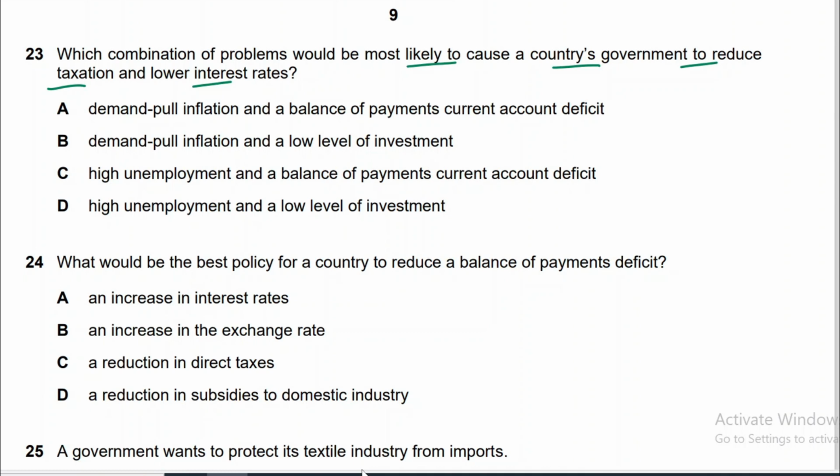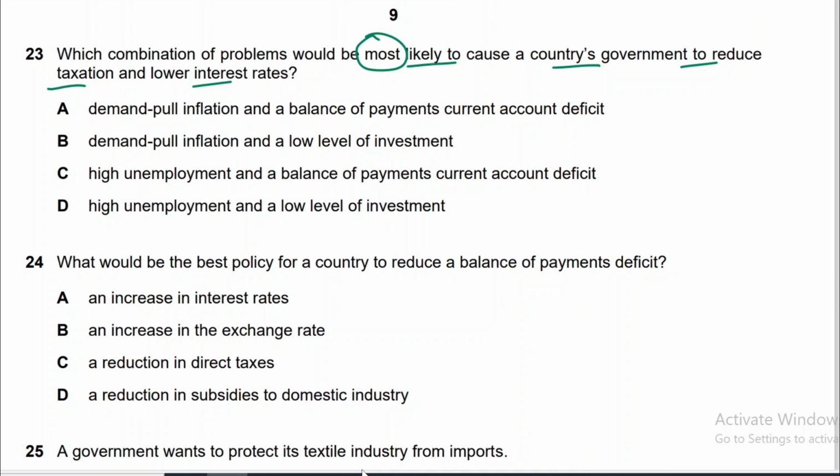Lowering taxation is a kind of expansionary fiscal policy, and lowering interest rate is a kind of expansionary monetary policy, right? So what is the most likely? When the examiner writes most or least likely, it means more options may be correct, but there should be one most appropriate answer.